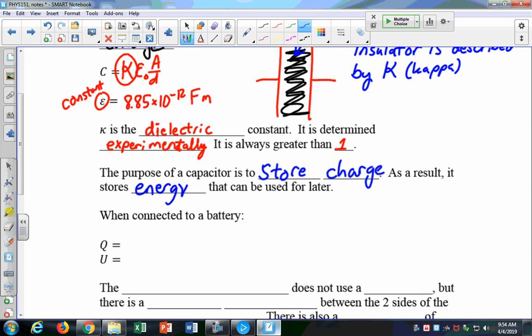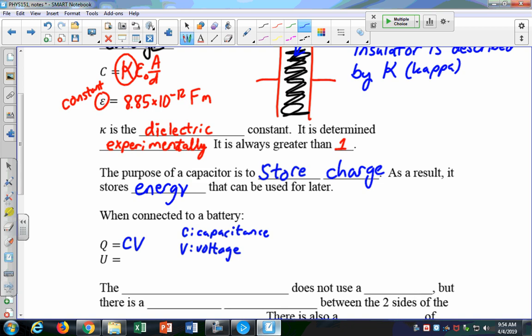Anyway, capacitors are used to store energy. When you connect a capacitor to a battery, we can calculate a couple of things. The charge on that capacitor is equal to C times V, where remember, C is the capacitance, V is the voltage, or the potential difference, that's what you have off the battery.